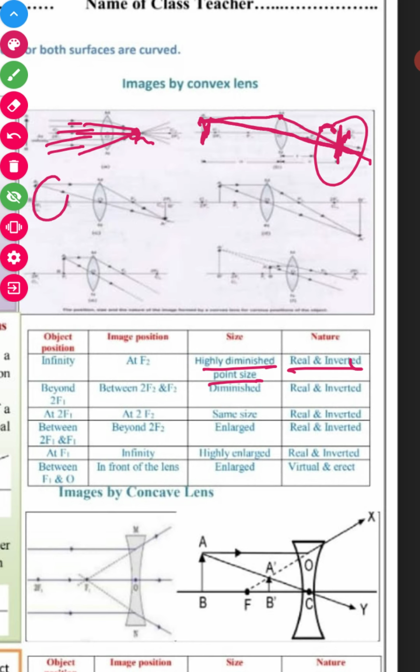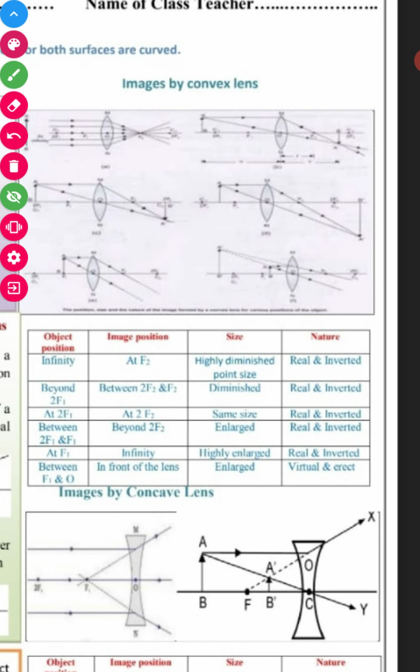Third case: we have the object at 2f, then the image is formed at 2f. It is of the same size, real and inverted. And when the object is between 2f and f, the image is formed beyond 2f, and it is highly enlarged, real and inverted.